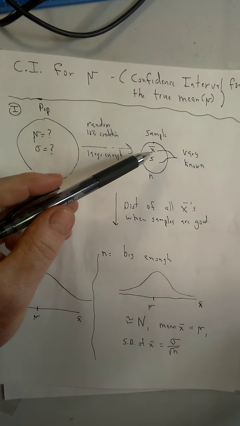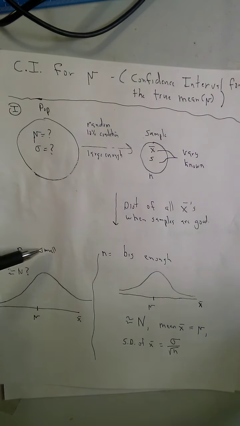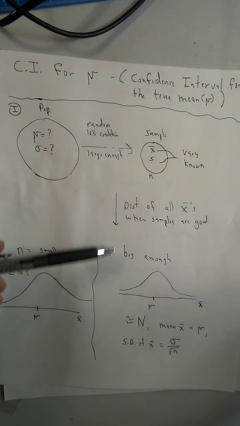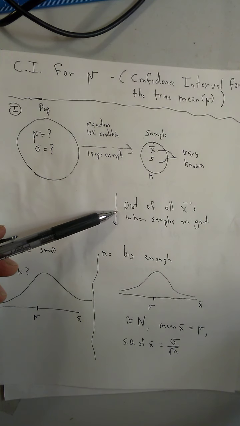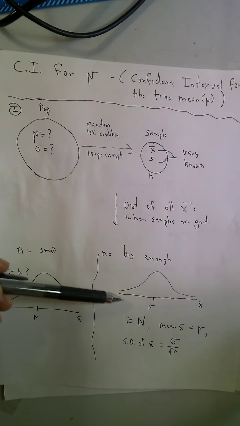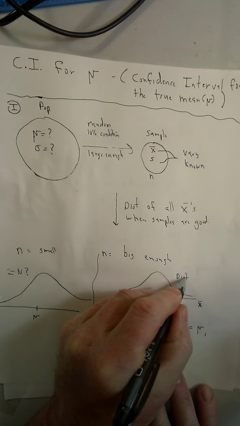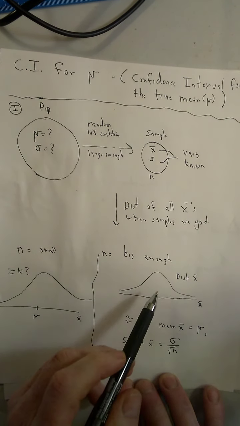If the sample is big enough and it was taken in a good way, then the distribution of X bars, every single sample average plotted on a histogram, has an average equal to the population average. But the only way you can get that is to take all of them. That's the theory. We're only going to take one. But if you took all of them, the average of all the sample averages is the actual population average.